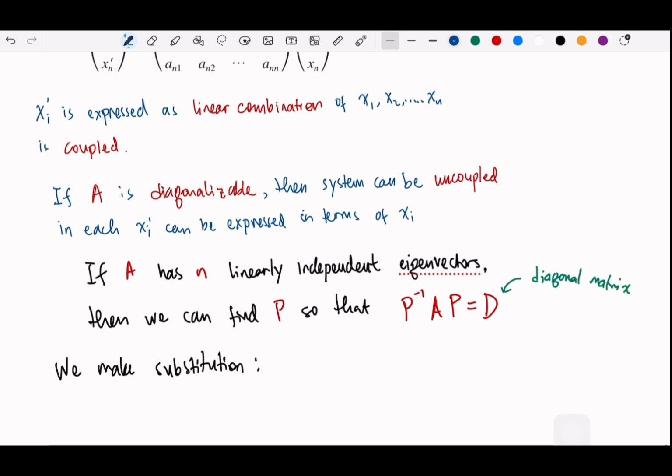That is, let me write with green, x equals Py in the system of the original differential equations, which is x prime equals Ax. So we are going to substitute x equals Py to our system.